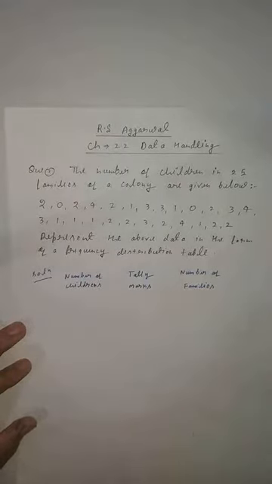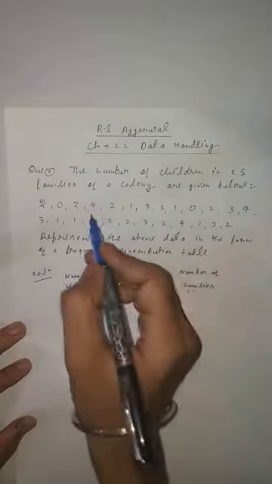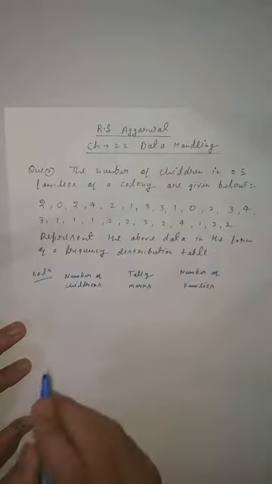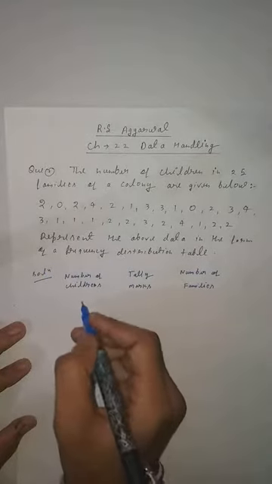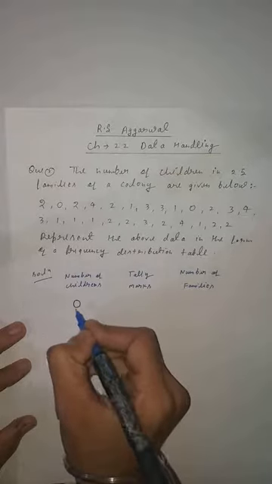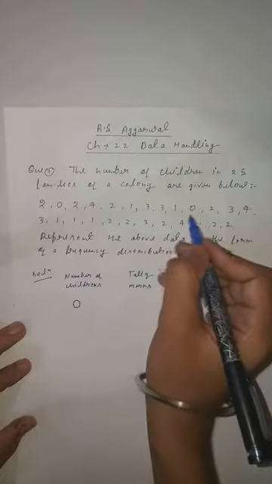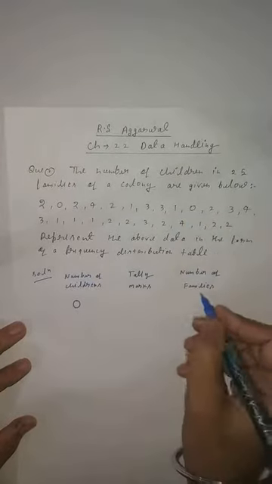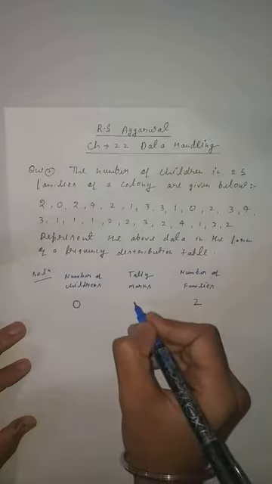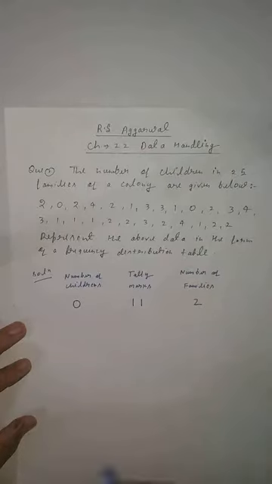Now you will write down starting from 0 and ending at 4. First write 0, meaning how many families have 0 children. Here you count 1, 2, only 2 families have 0 children. So you write 2, and tally marks simply 1, 2. Very easy.